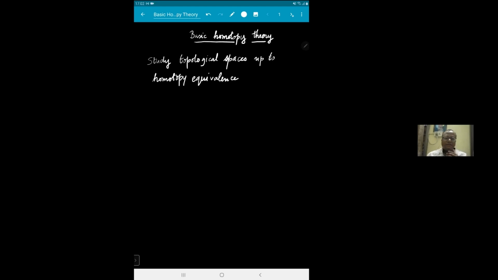Whatever I am going to say, the main reference for this is chapter 4 of Hatcher, and it starts by defining homotopy groups. Homotopy equivalence, of course, is defined much before, but it starts by defining homotopy groups and basically talks about topological spaces.